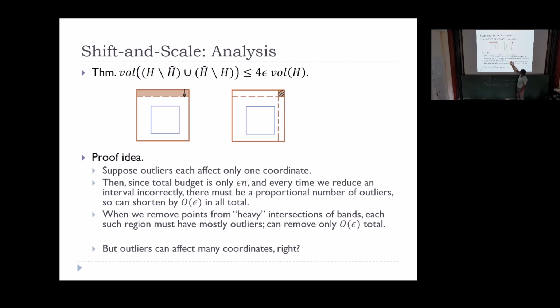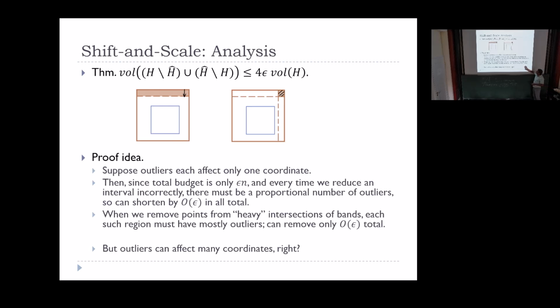That's the budget the adversary has. Every time you don't get the right density, the adversary has spent a proportional fraction of their budget in removing points, and every time you throw out points from an intersection, the adversary has spent a proportional amount of budget there. So the total number of points you can throw out is at most epsilon. Can't waste more than that.